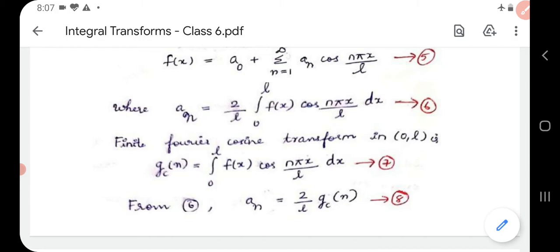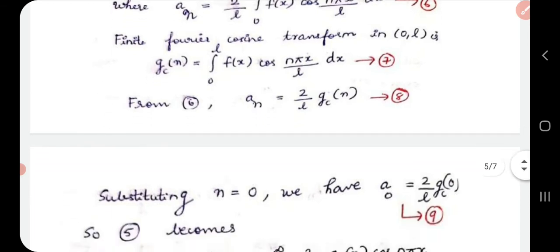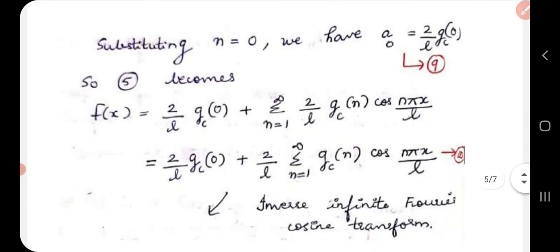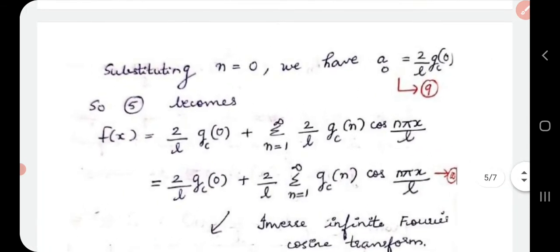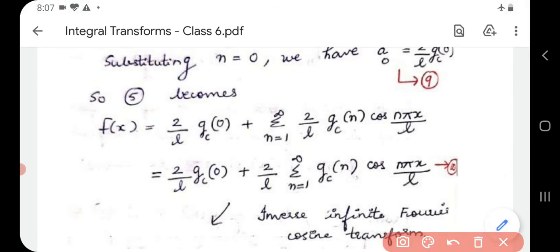So, just as before, from equation 6 an equals 2 by L GCN, which is equation 8. Now substitute n equal to 0, then a0 will be equal to 2 by L GC0. In place of n you are writing 0. Okay, that is equation 9.